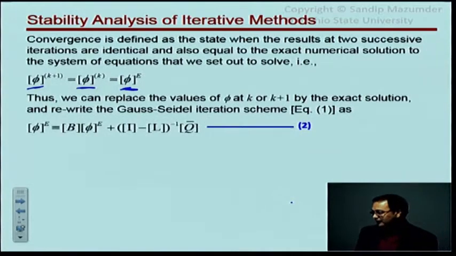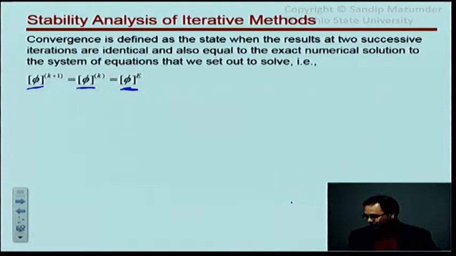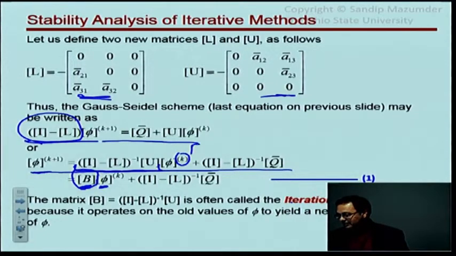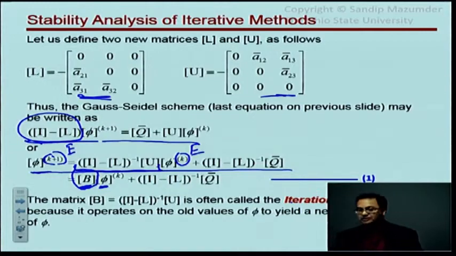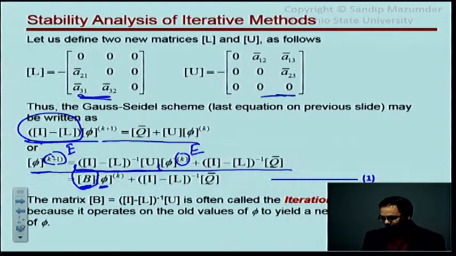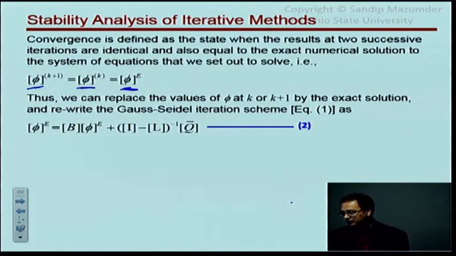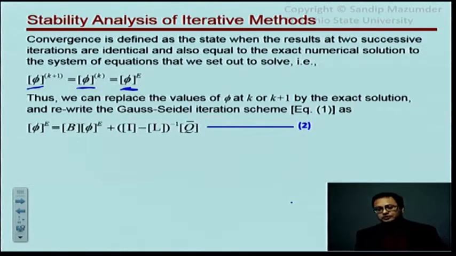So therefore, in this equation that I had earlier, I can replace the phi k by phi e, the exact solution, and also the phi k plus 1 by phi e, the exact solution. And that's what I have here. So that same equation must also be satisfied by the exact solution.